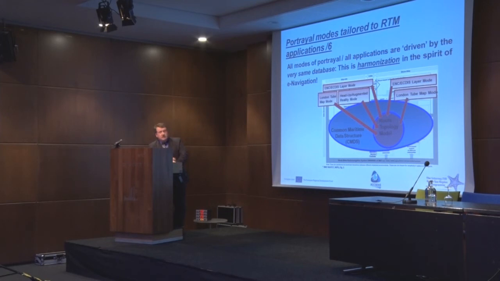Last but not least, the idea is that it all taps into the same data model, both in the generic domain as also in the instance domain, so that we really have, within the framework of the common maritime data structure, something which eventually might be called a product or route topology. And of course, it would ideally be the case that we have the same data. So that would be harmonization proper, and that would of course be at the core of e-navigation.